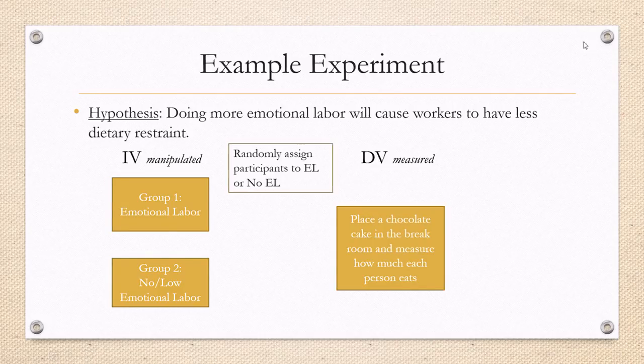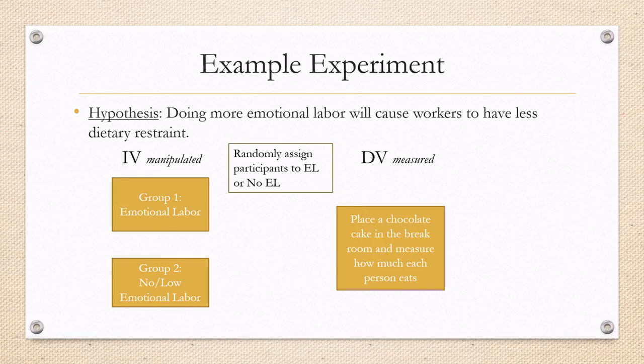So let's take an example. If we use our hypothesis of doing more emotional labor, we would word our hypothesis statement to say, doing more emotional labor will cause workers to have less dietary constraint. In order to test this, we would create different levels of our independent variable.